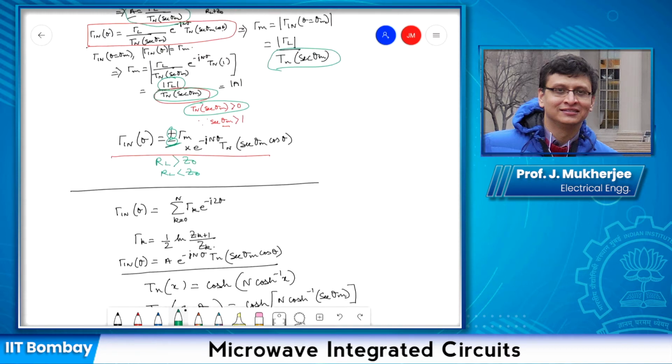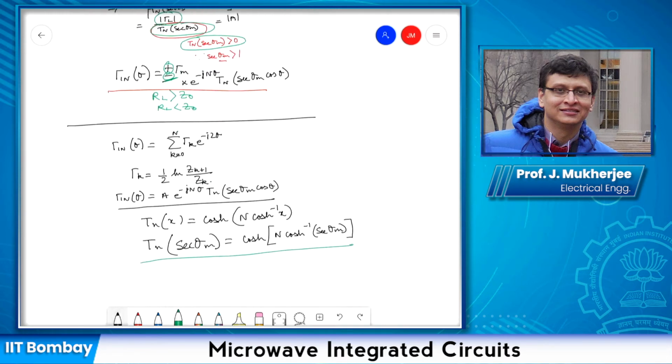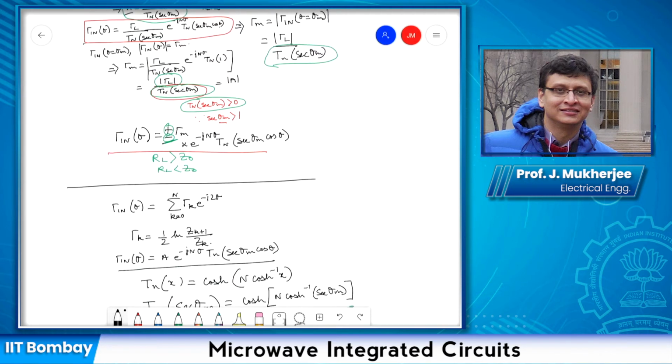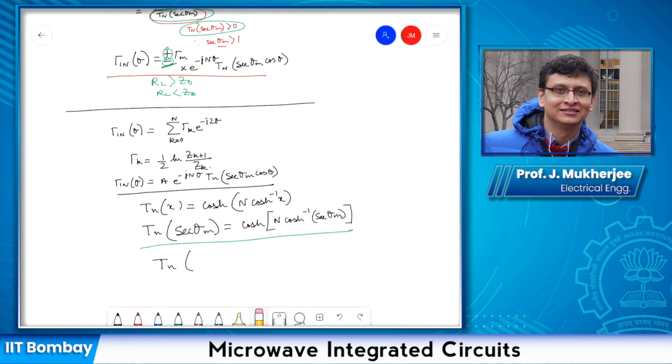Now substituting it, we can write gamma m is equal to mod gamma L upon cos h of n cos h inverse sec theta m.